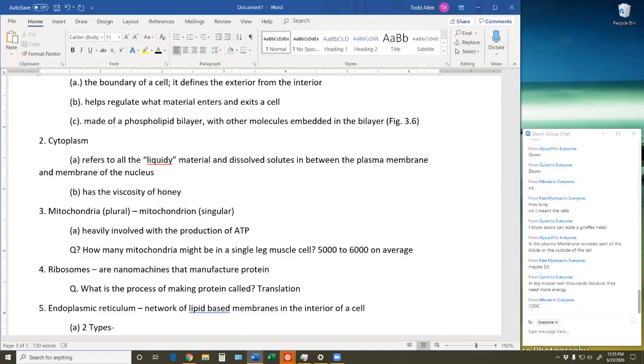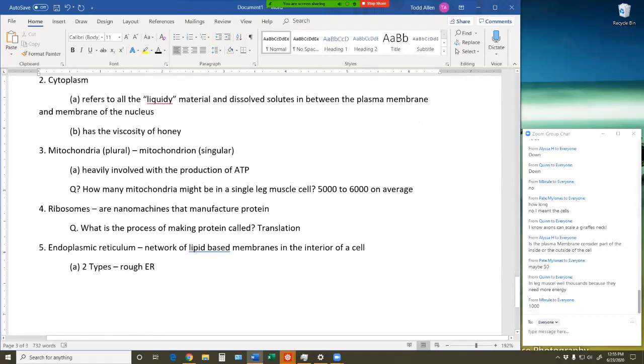You have the rough endoplasmic reticulum, also known as the rough ER for short, and the smooth endoplasmic reticulum. Now, the difference here: the rough ER is called rough because on the surface of the membrane, you have a bunch of attached ribosomes.